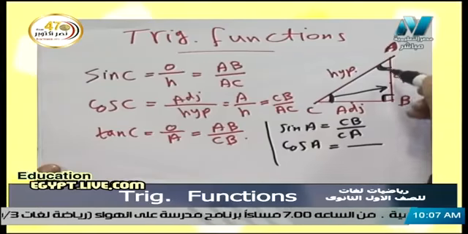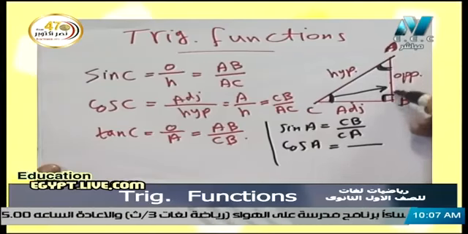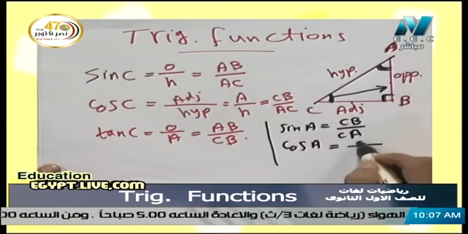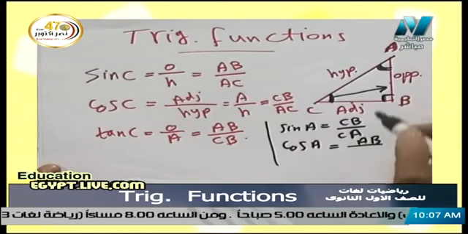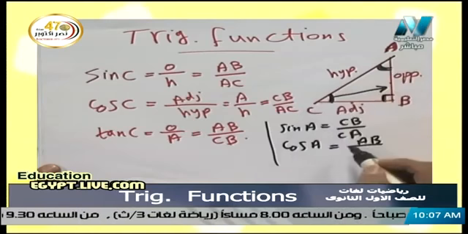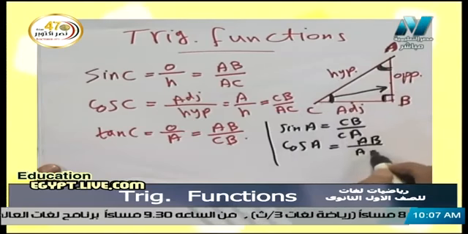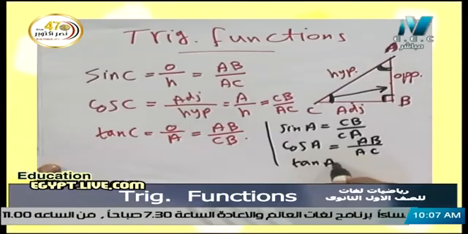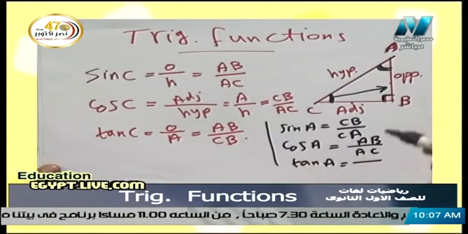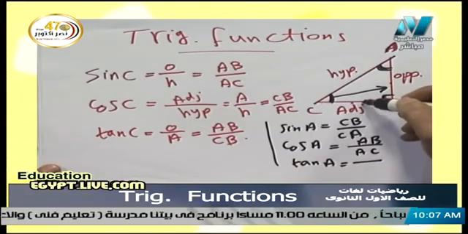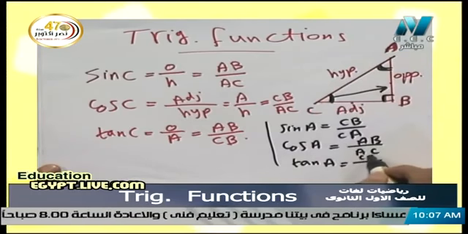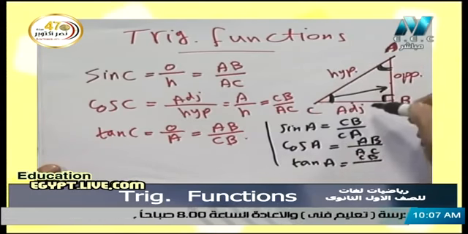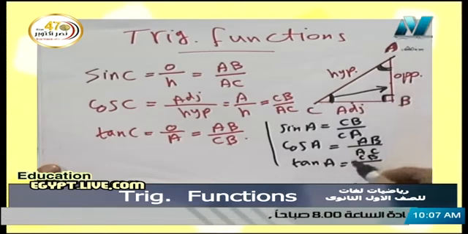Cosine the angle A equals its adjacent, which is AB, over the hypotenuse, which is AC. And tan the angle A is the opposite of it, which is CB, over its adjacent, which is AB.